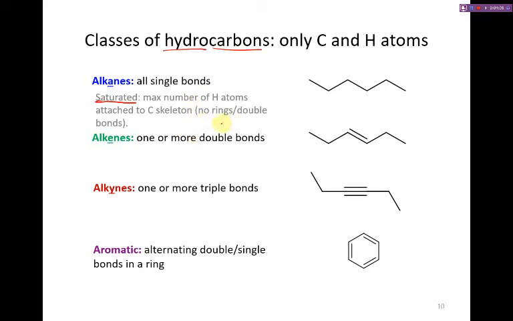There's no rings, there's no double bonds. Whereas in alkenes, we have one or more double bonds, as indicated here, and alkynes have one or more triple bonds. Aromatic compounds have an alternating double single bond structure in a ring. And we talked about before how this means that they exhibit resonance.